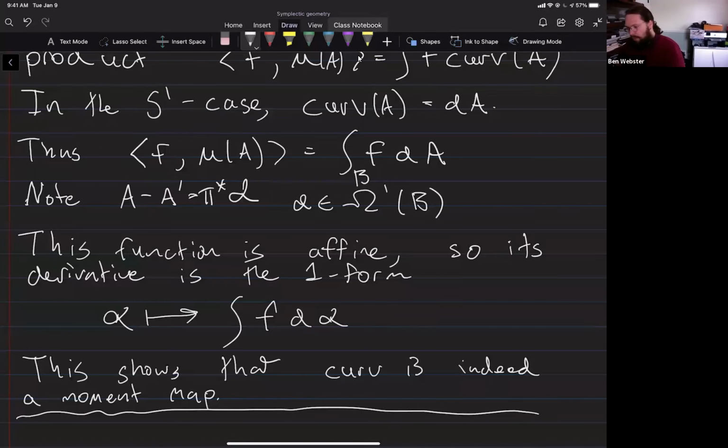So when I want to move along some tangent vector and take the directional derivative in that direction, that tangent vector comes from a one form.